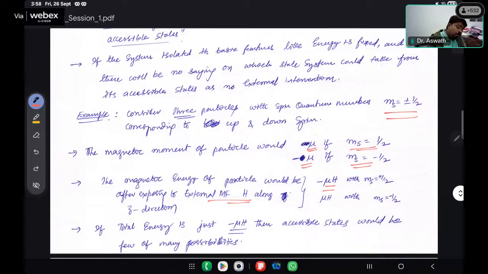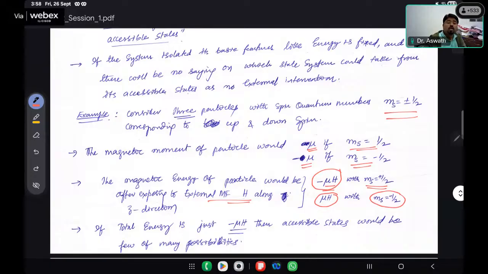So any system with spin plus half and positive magnetic moment will have an energy of minus mu H, and if the spin is minus half, it will have an energy of mu H when exposed to the external magnetic field H.